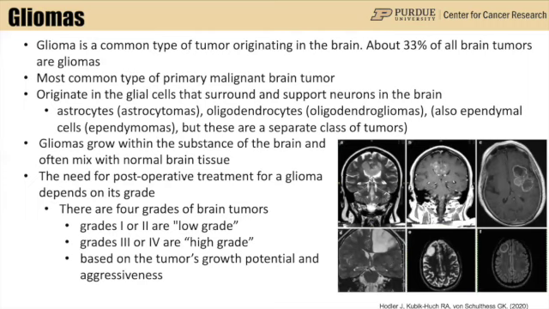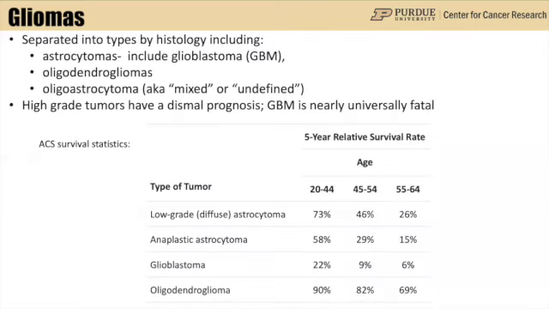The grade is really based on the growth potential of the tumor as well as its aggressiveness. And as I mentioned earlier, gliomas are separated into different types based on the type of cells that they develop from.